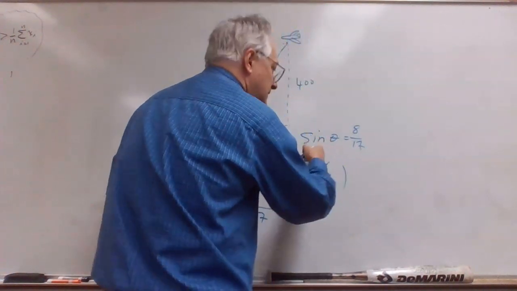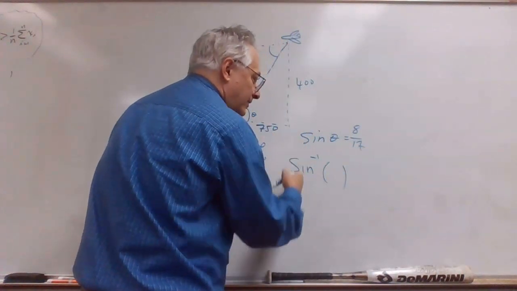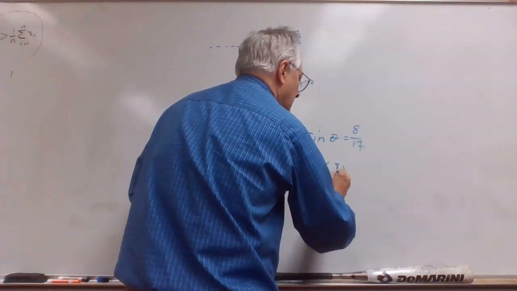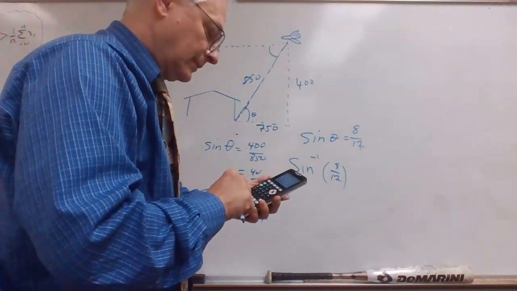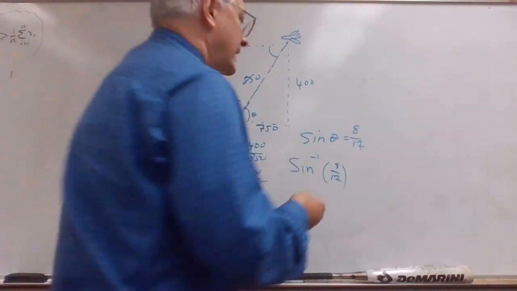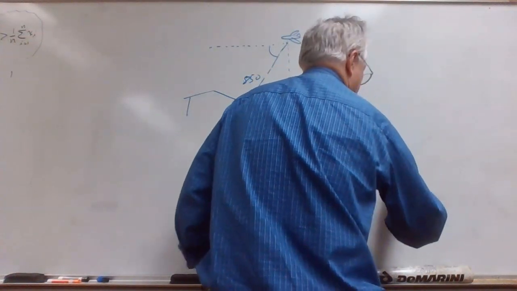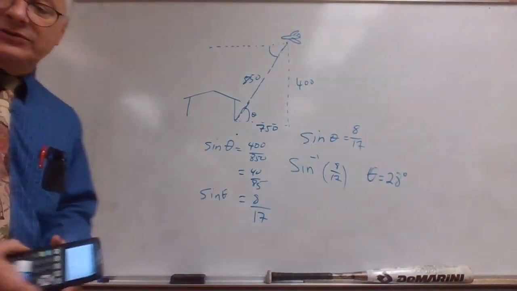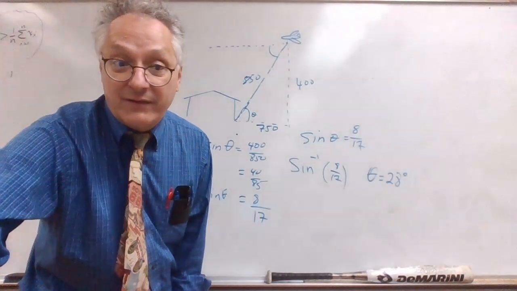Since the sine of the angle gives us a number, the inverse of that function, arc sine of the number, gives us the angle. So I'm going to go sine minus 1, 8 divided by 17, and my angle here is 28 degrees. So these are the ways we use our trigonometric ratios to help us with these various things.